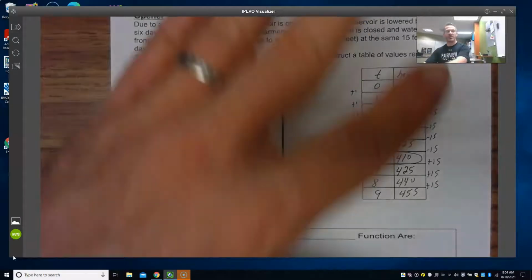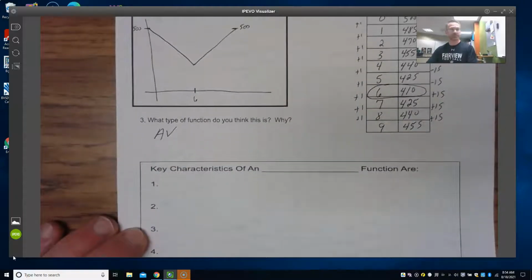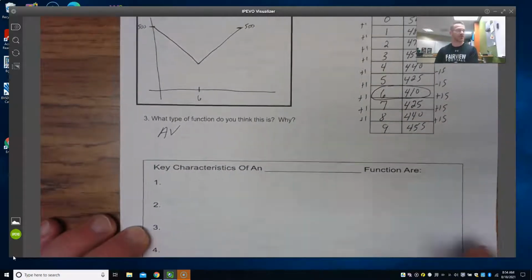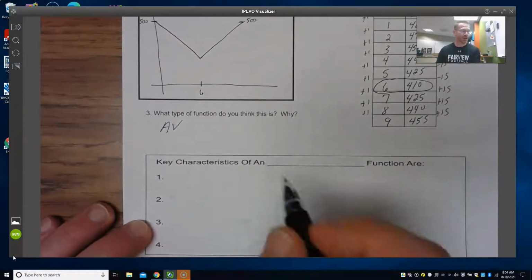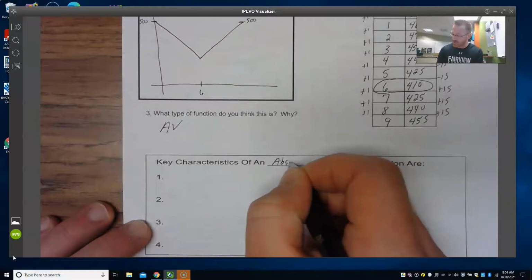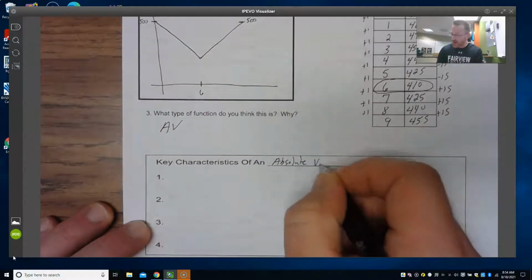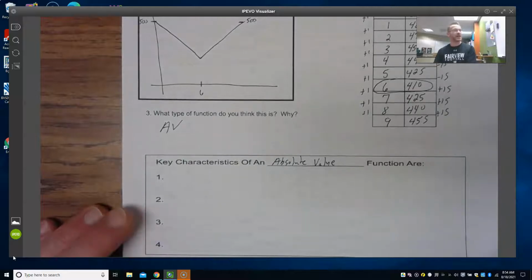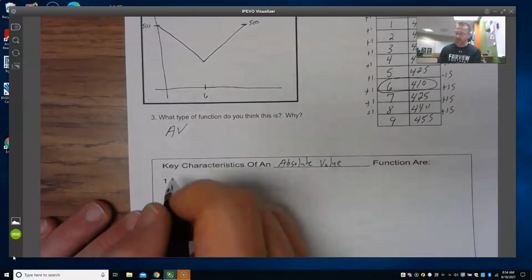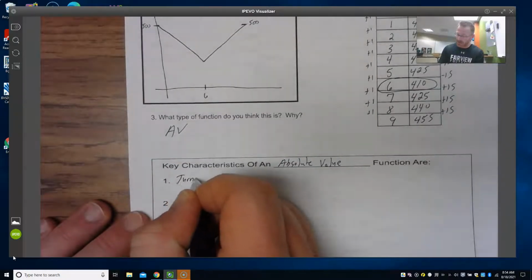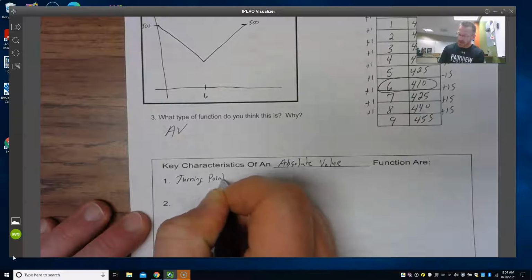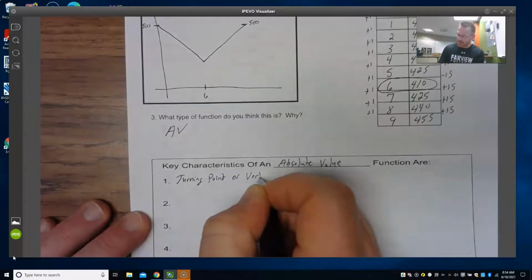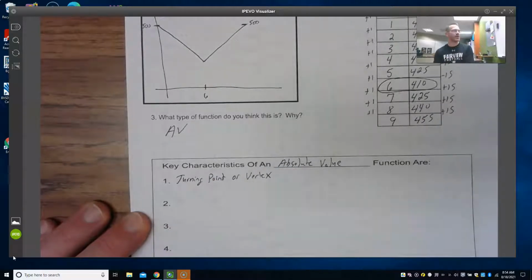So now let's take what we just talked about and add some notes here. So key characteristics of an absolute value function. One key characteristic, and I'm going to put this right here, is that it has a turning point, or vertex. That is a very key piece. So we have that turning point.